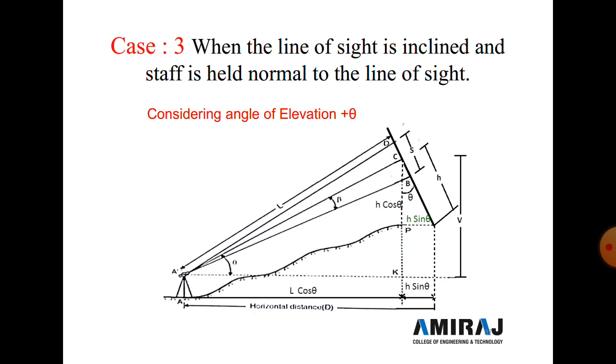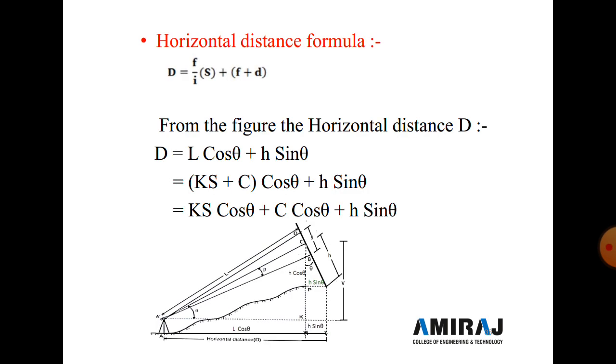In case number 3 there are two cases: plus theta and minus theta. Plus theta shows the elevation and minus theta shows the depression of the staff held at any point P.